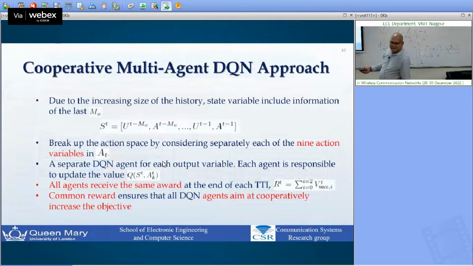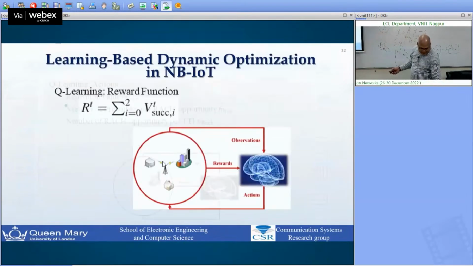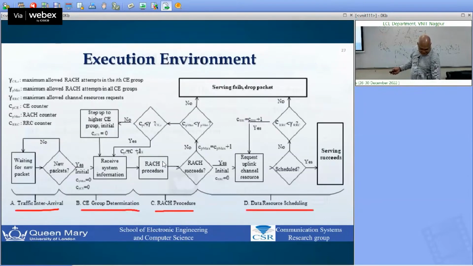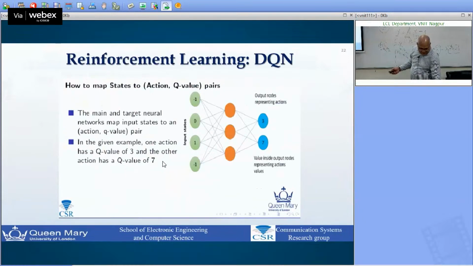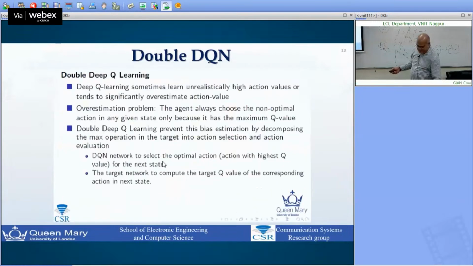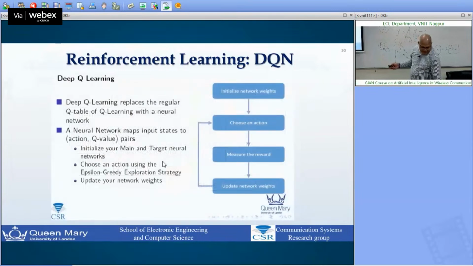So now we are going to use deep Q learning, because we cannot have a Q table, we cannot iteratively prepare the table because of the huge number.